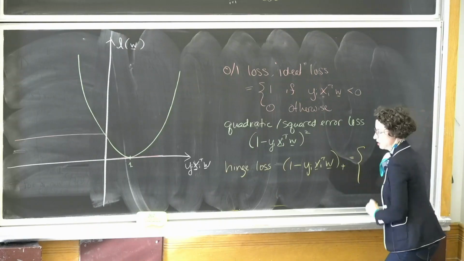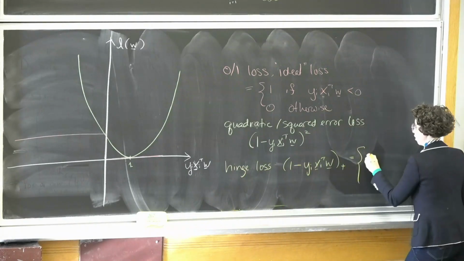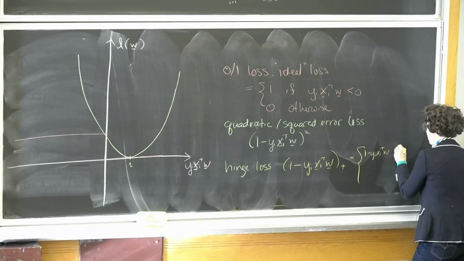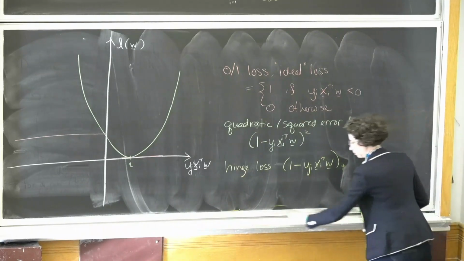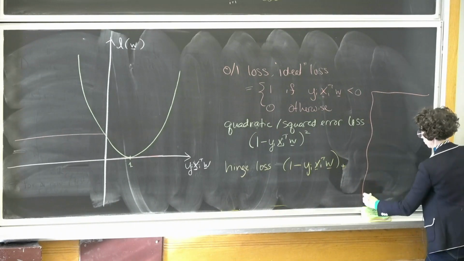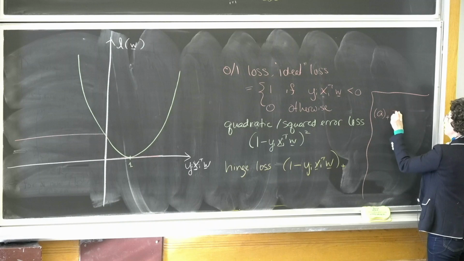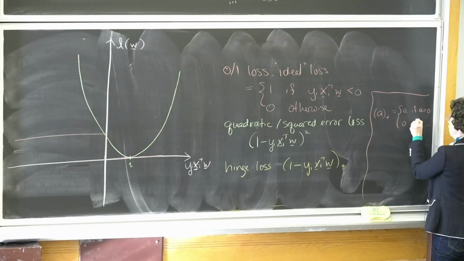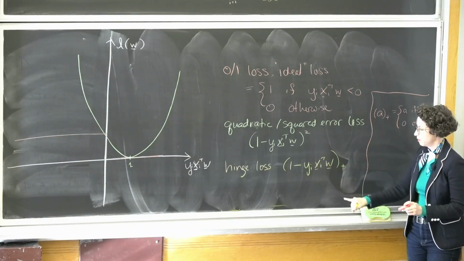And what that means is, if I've got some quantity A plus, that's going to be A if A is positive and 0 otherwise. So I'm going to keep this if it's positive, and I'm going to clip it if it's negative.